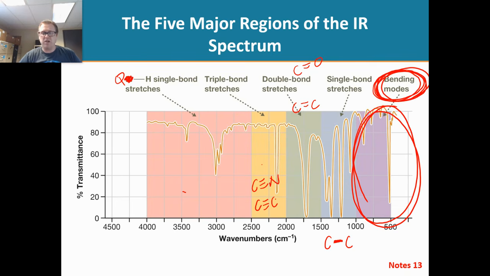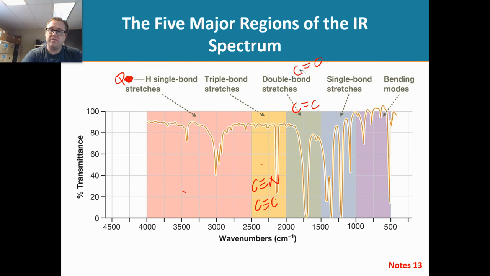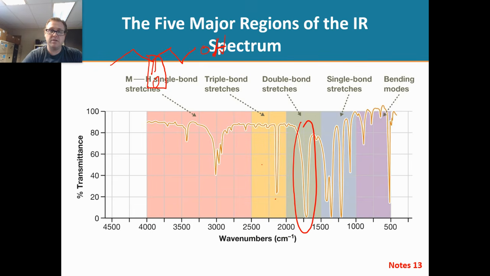So this is just a good overview of where you would expect to find stretches when you look at a molecule. Let's do a quick example here. What if I had a molecule that looked like this? Well, I would expect this carbonyl stretch to be around 1700, so in that region.